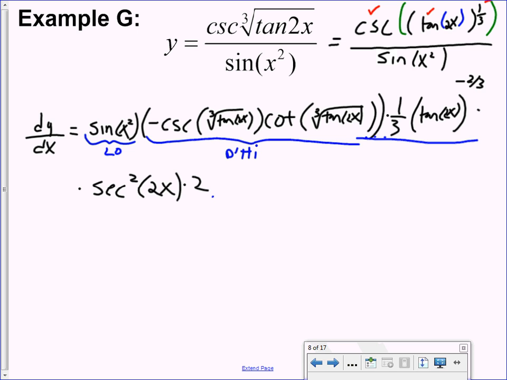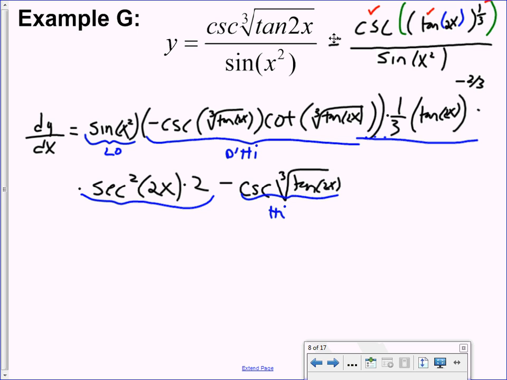So all of this is part of d high. So we have low d high, less high, no secant. I think I'll write it the original way. It takes less room. Cube root of tan of 2x. So less high, d low.